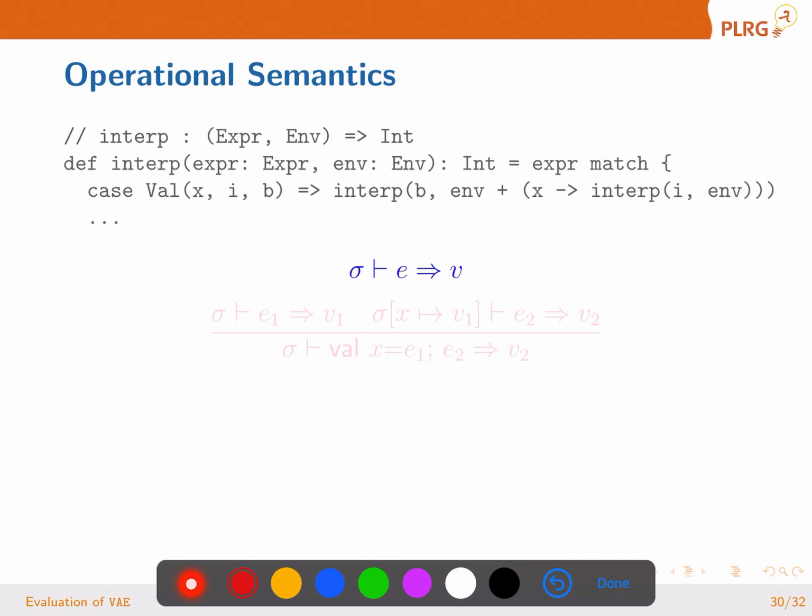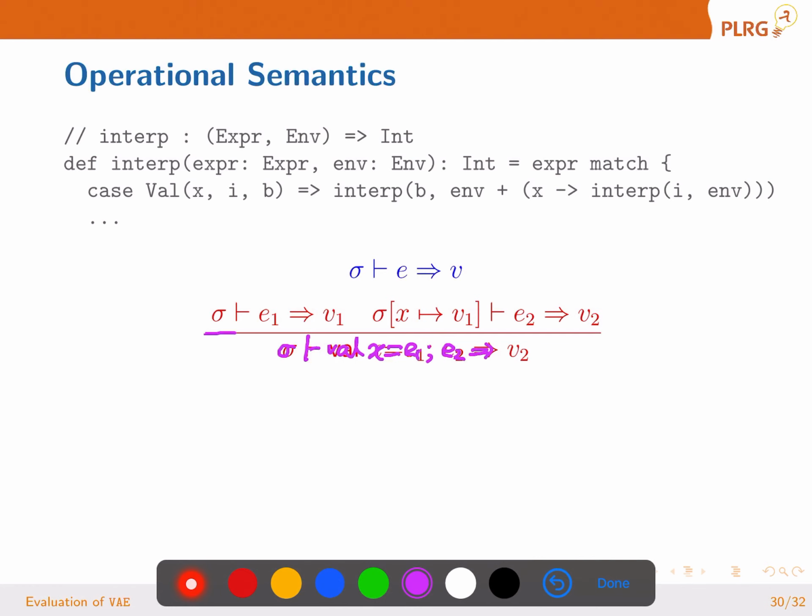Finally, how do we describe the interpretation of a new name introduction? Let's see. Under some environment, we are introducing a new name x whose value is the value of the first sub-expression, and the value of the whole thing is going to be the value of E2. What's that?